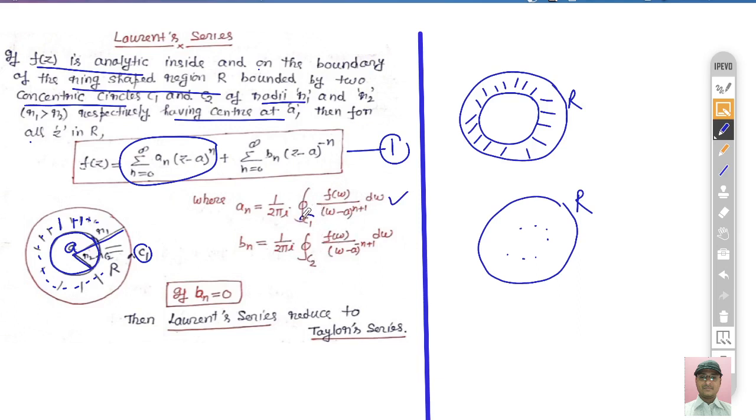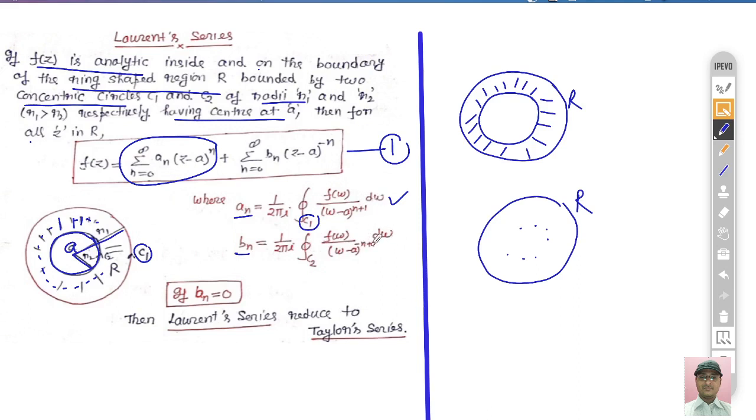This a_n is defined for the circle C1, and b_n is defined for the circle C2, right? 1 upon 2 pi i integration f(w) (w minus a) raised to the power minus n plus 1 dw.